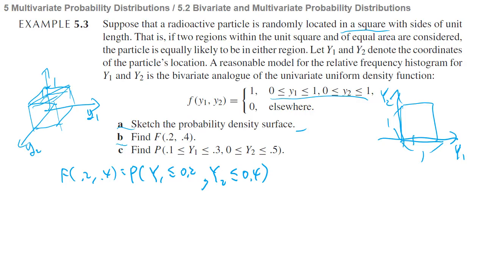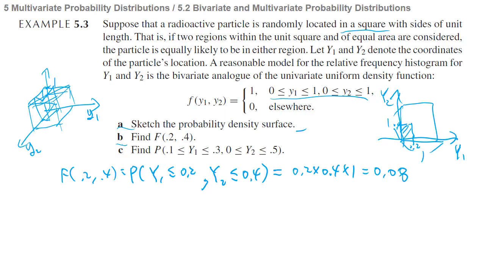The probability is the volume here, the volume of this box, which is 0.2 times 0.4 times 1, which is 0.08.